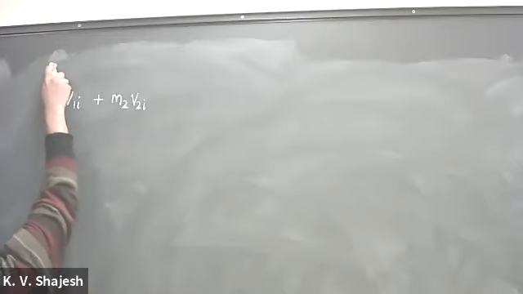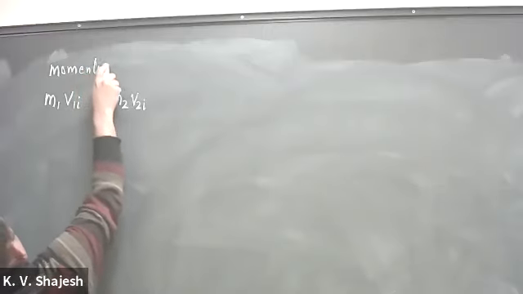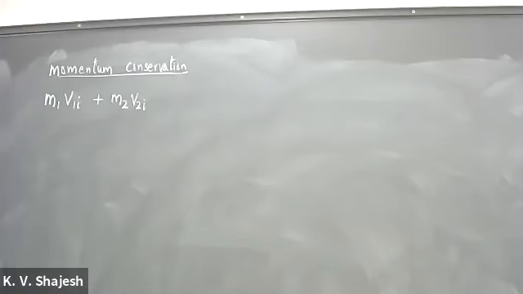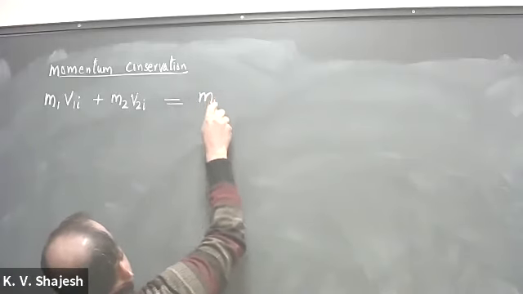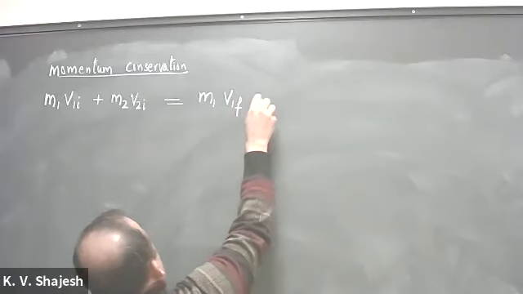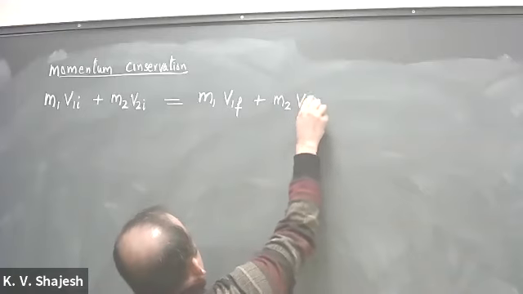So this is momentum conservation. The sum of the momentum before the collision is exactly equal to the sum of the momentum after the collision, so it's M1 V1 final plus M2 V2 final.